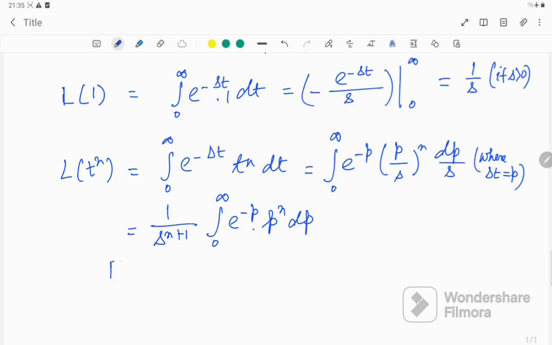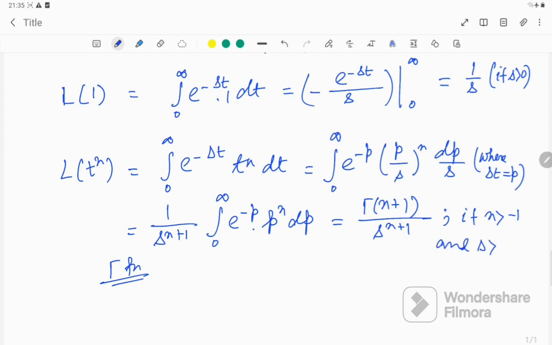You remember gamma function. So we use this gamma function as like this, gamma n plus 1 divided by s to the power n plus 1, if n greater than minus 1 and s greater than 0.